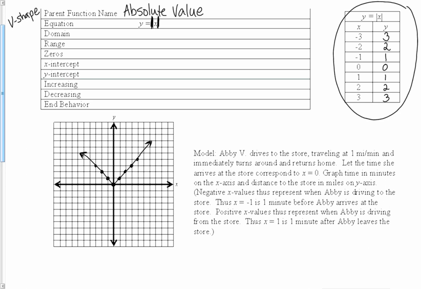So let's talk about our domain then. If we're talking left and right, let's start with our anchor point right here. My whole graph started at the origin. From my anchor point, do I go left and right? Yes, I do. So my domain is everything, x is an element of the reals. From my anchor point, do I go up and down? Well, I go up, but there's nothing in this spot down here. So I have to make a restriction. When I have a restriction, I write y, and then I write a line.